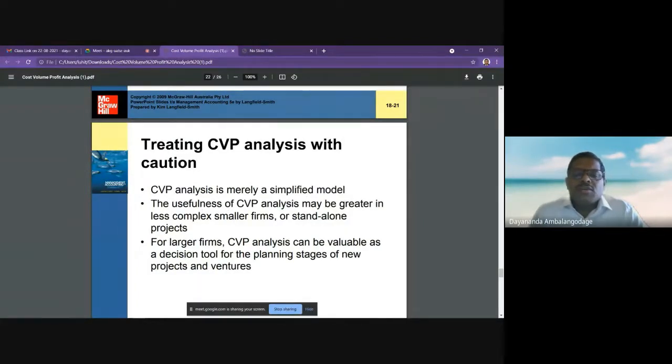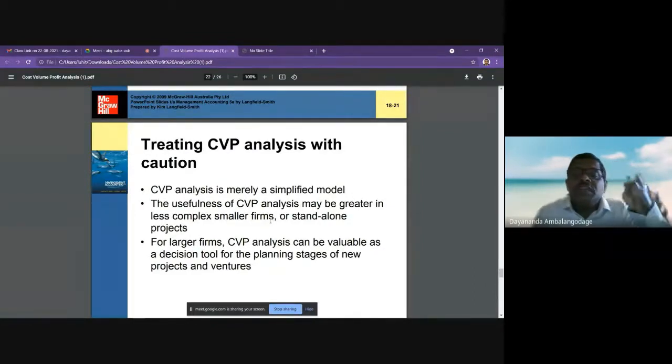In a dynamic business environment, the application of CVP analysis is criticized by many academics. The usefulness of CVP analysis may be greater in less complex, smaller firms and stand-alone projects. When the environment is much more dynamic, this simple model is not applicable.